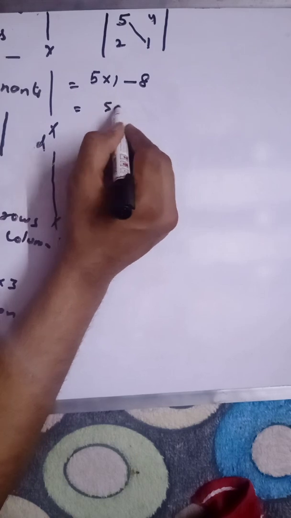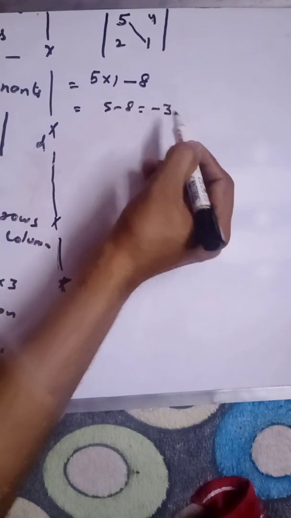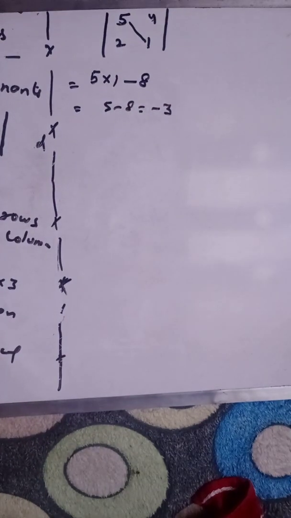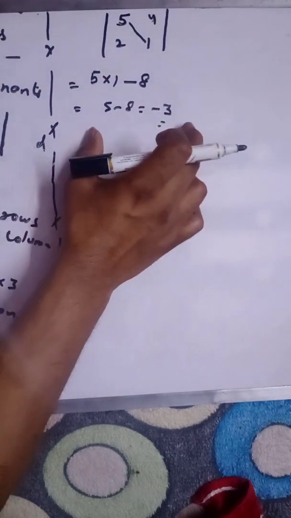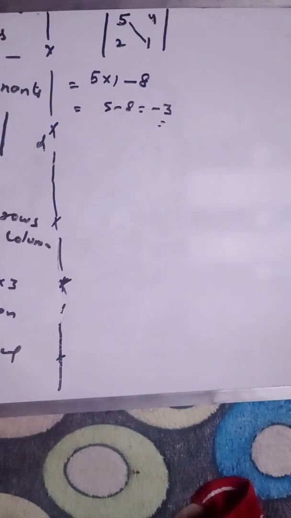So your answer is 5 minus 8, that would be minus 3. So this is a numerical value which you can get in determinants. Fine. But in case of matrices, you cannot get this value. Okay. And this is how we can evaluate determinants.